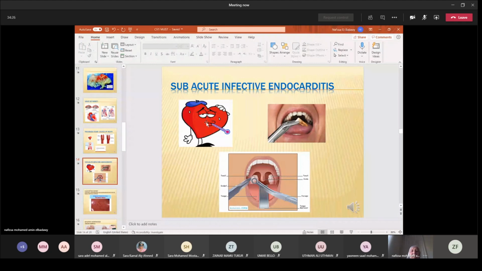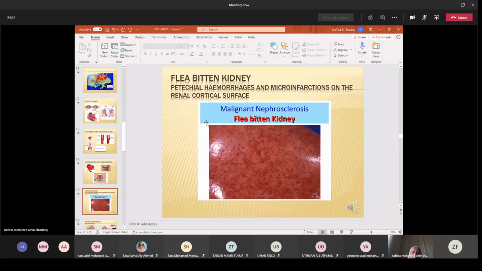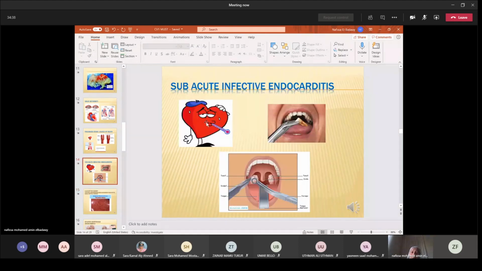So we have infective endocarditis, and the infective endocarditis we divided into subacute infective endocarditis and acute infective endocarditis. Both are infective, so there is bacteria in the valve.